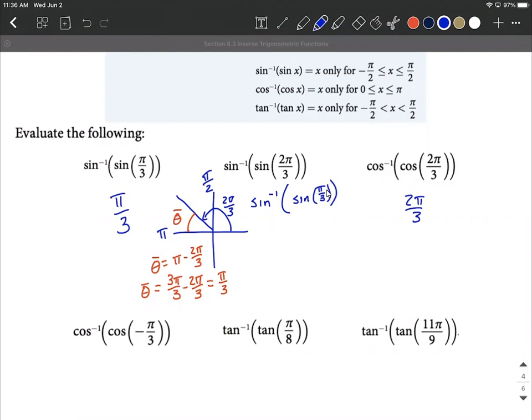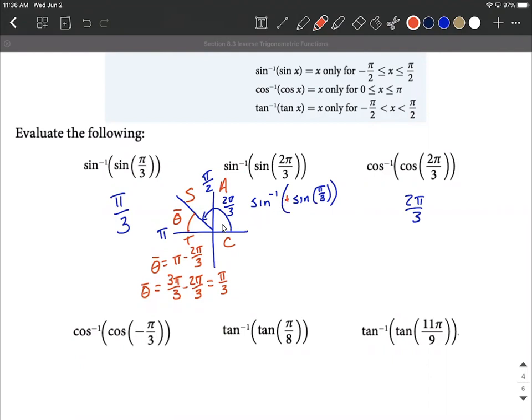But as soon as I plug in a reference angle, this is where I want to double check and be really sure: should this be positive or negative? I always learned it as the phrase all students take calculus. So 2 pi over 3 was in the second quadrant. Sine is positive in the second quadrant. So I could put a plus sign out in front here, or I don't really need to include a plus sign if I don't want to.